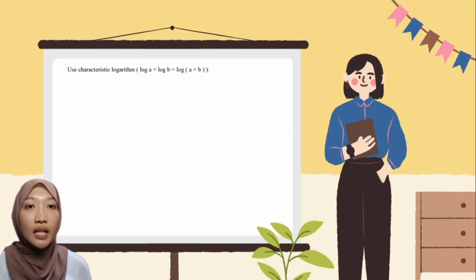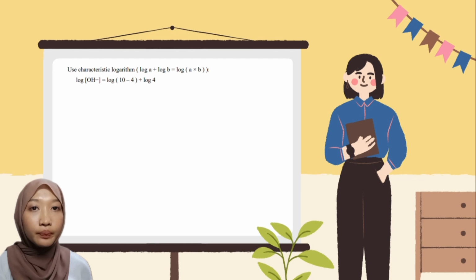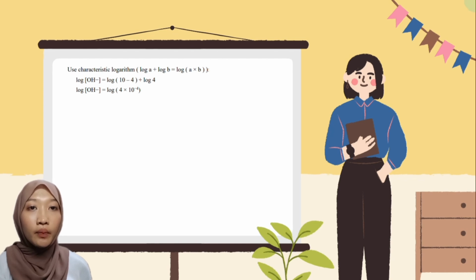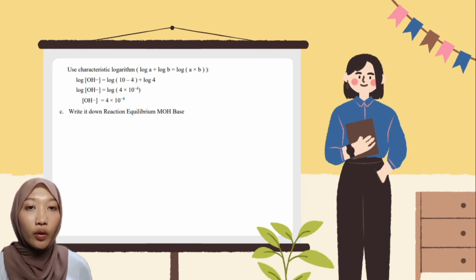Next, use the logarithm property log A plus log B equals log A multiply B. So log concentration OH minus equals log 10 to the power of minus 4 plus log 4, which equals log 4 multiply 10 to the power of minus 4. So concentration OH minus is 4 multiply 10 to the power of minus 4.